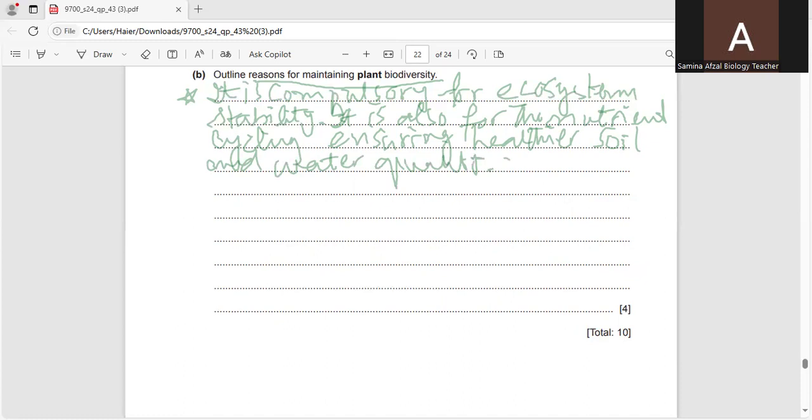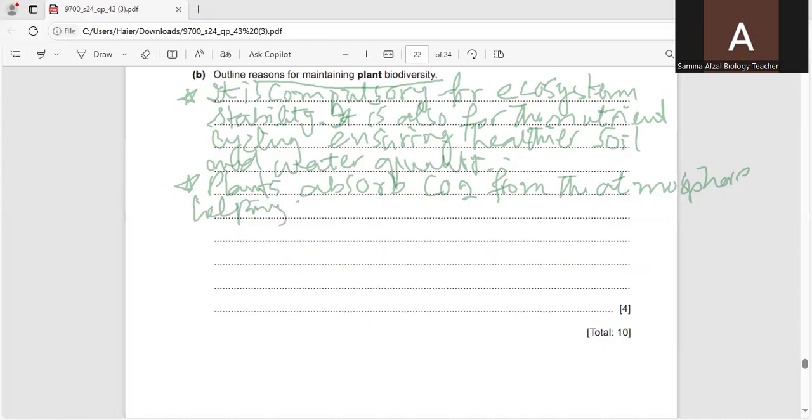Next, plants absorb carbon dioxide from the atmosphere, helping with climate change, making it good and healthier to live.